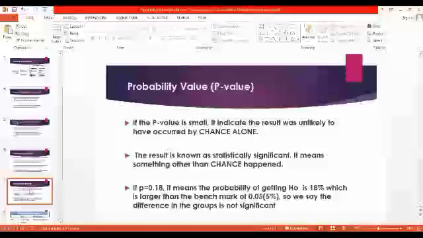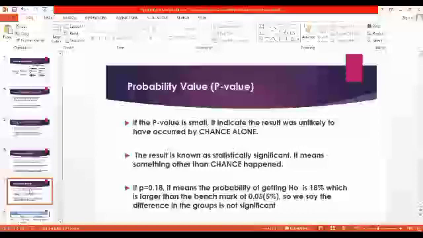It is not by chance; it is by genetic variation. That is what research is trying to prove, and you have to do that with your data. That is evidence. So the result is known as statistically significant, which means something other than chance happened.